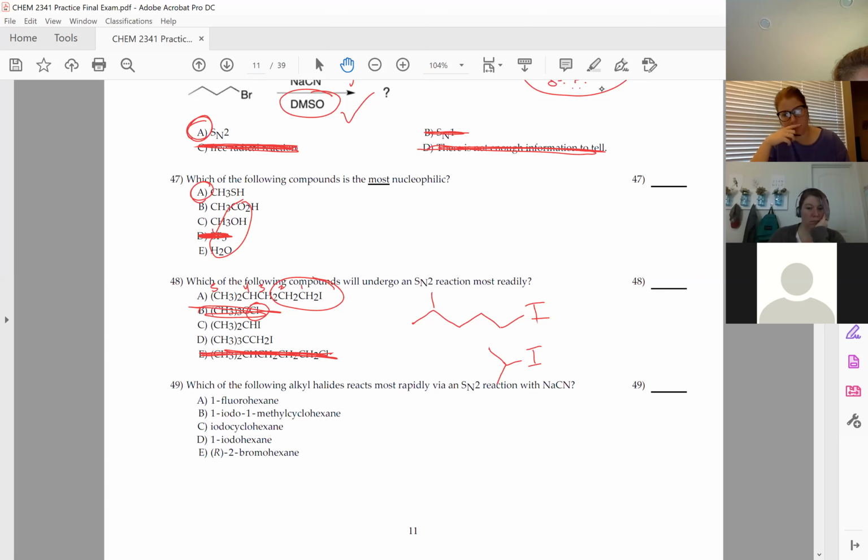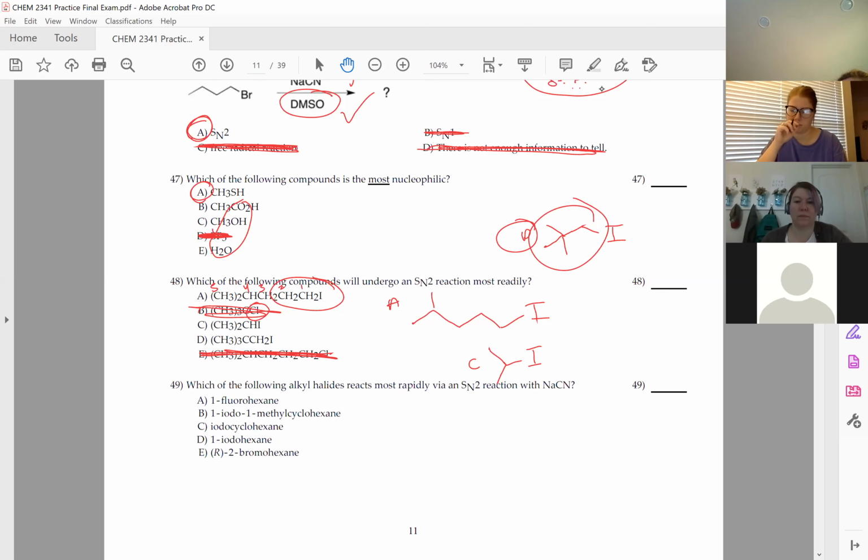And then D looks like neopentyl iodide. Sorry, this is A, C, and D. Which one is the best for SN2? A. It's primary, so is D, but remember the neopentyl group is one of the weird exceptions to the primary thing. It typically does not undergo SN2 very easily because this is huge, right? This is completely blocking the backside attack, so it's not going to happen. We're going to pick A.